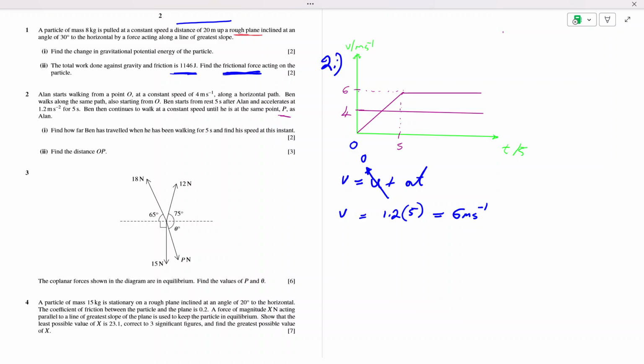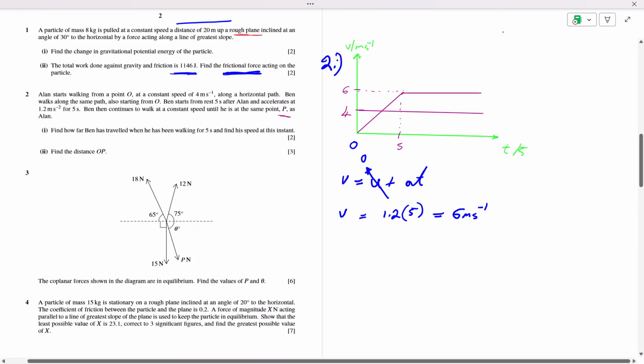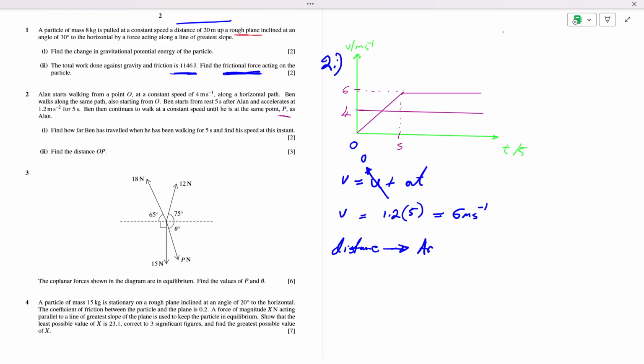Question 1 says, find how far Ben has traveled when he's been walking for 5 seconds. To find the distance, we know that distance is equal to the area under a velocity time graph. We just need this portion here, which is a triangle.